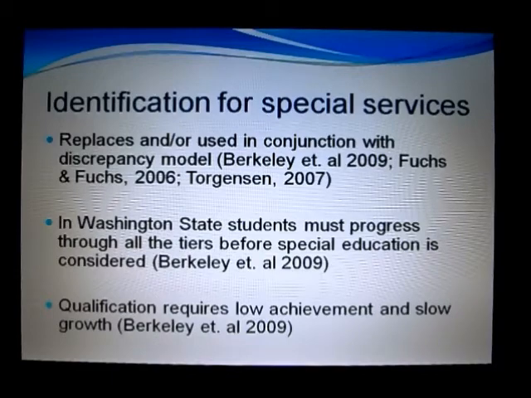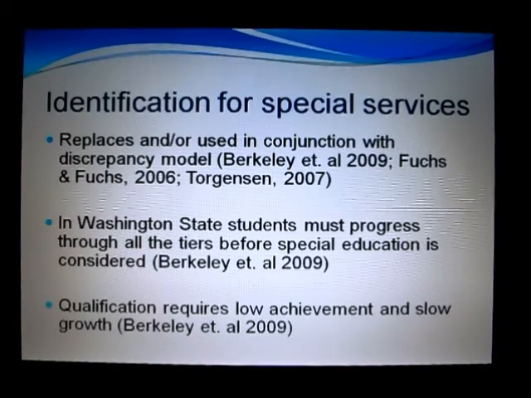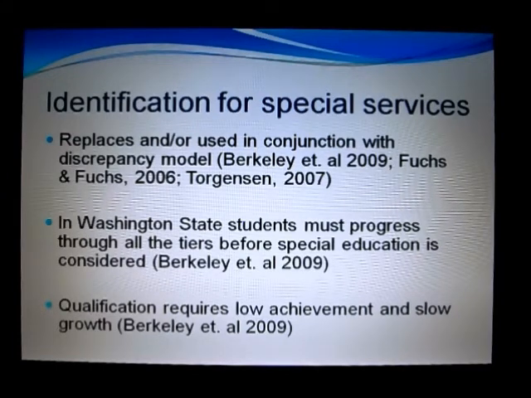And in most states, you have to have a 15 or 16 point difference between those. So this RtI process can replace that. In some states, it wholly replaces it. In our state, you can use either model.